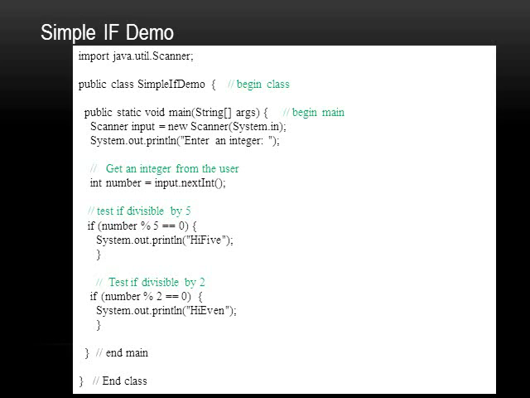And if that's 0, then the Boolean expression is true, and the next statement in the code block will be executed. We have the same type of test following that for the number divisible by 2. It will return a 0, and we'll have that code block executed only if it's true.